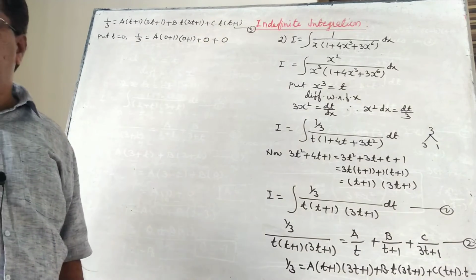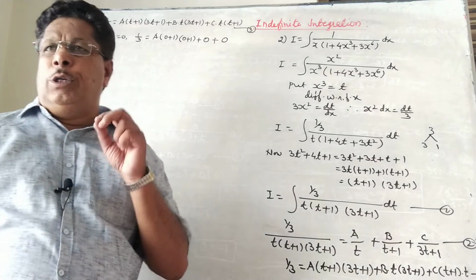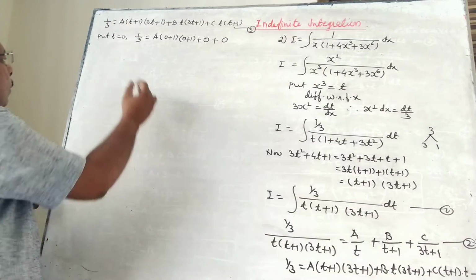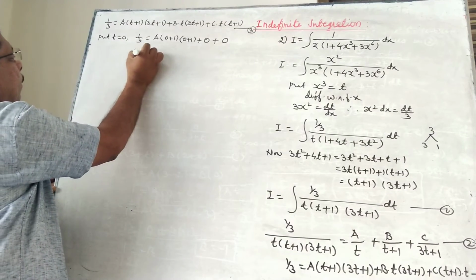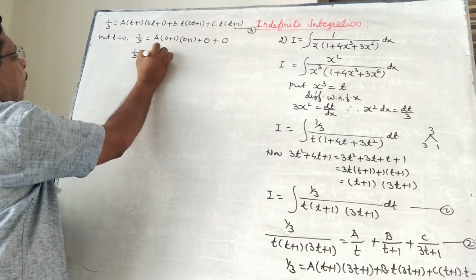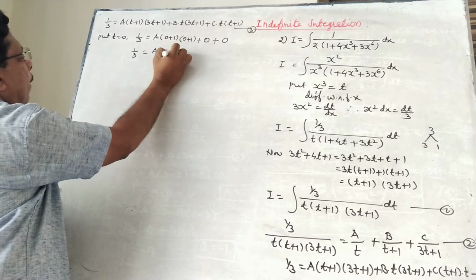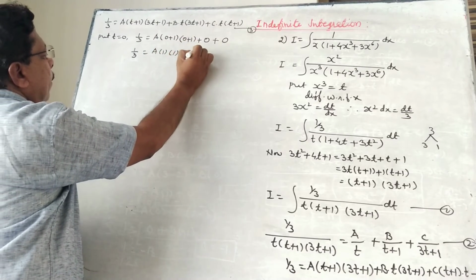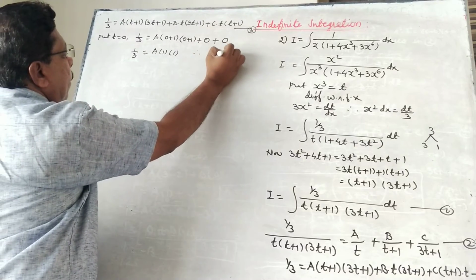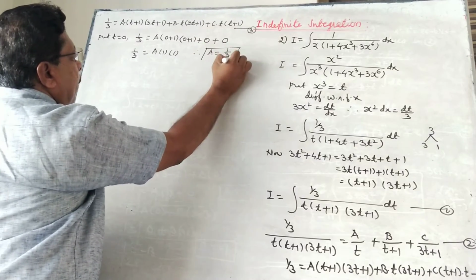By using this you will get the partial fraction constant a. So 1 by 3 is equal to a into 1 into 1. Therefore a equal to 1 by 3.